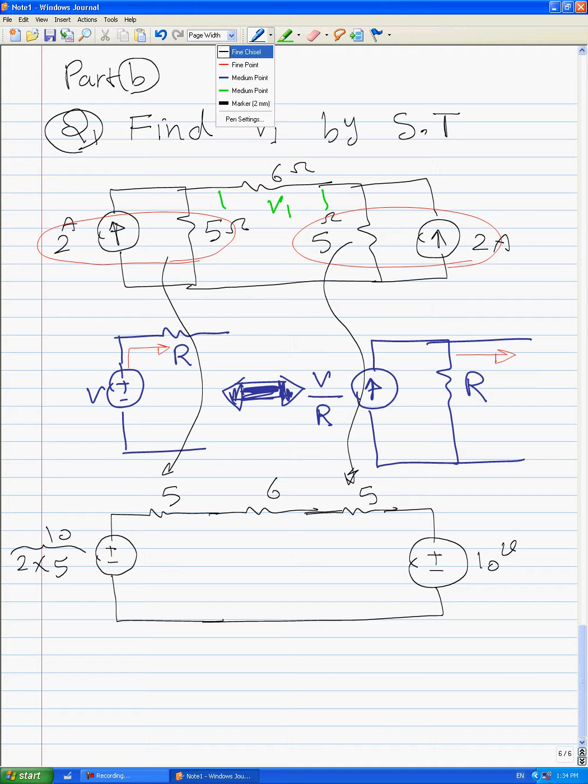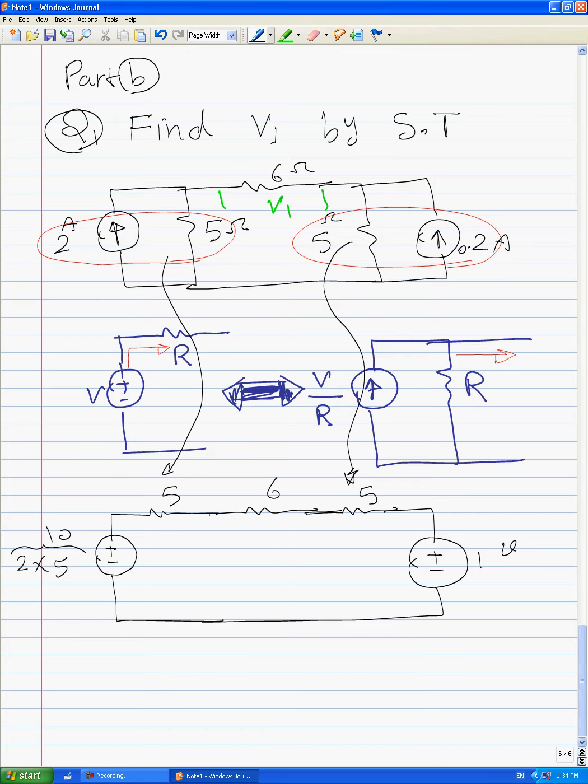Okay. Let me change the value of this current to 0.2. That's why here we have 1 volt instead of 10 volt. Again, here we have 0.2 amps.